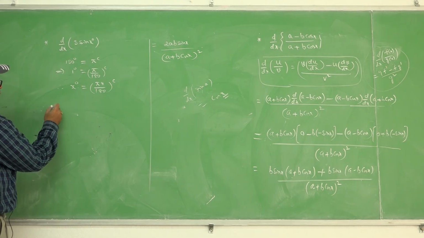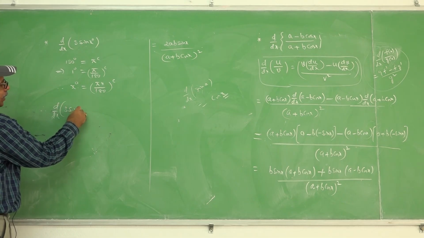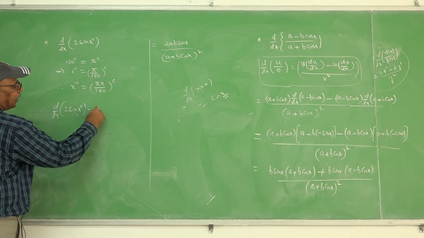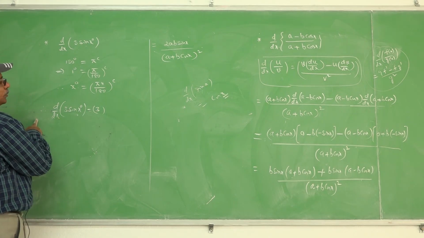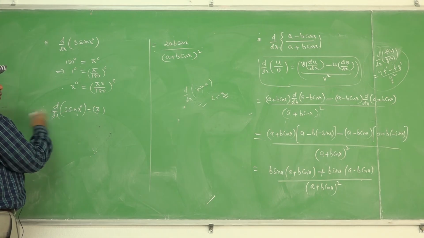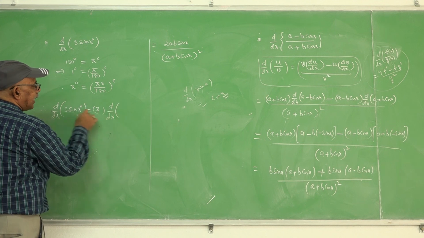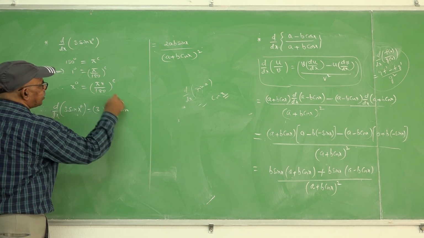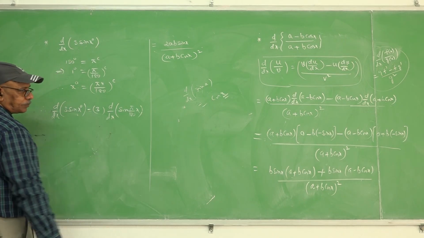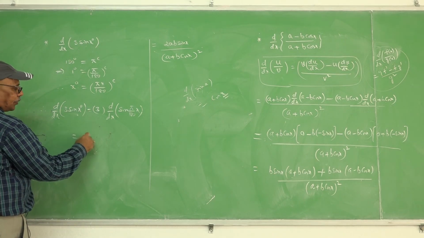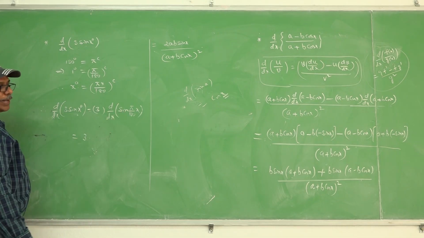Therefore, d by dx of 3 sin x degrees becomes, since 3 is a constant independent of x, you can take 3 common and apply the derivative to sin x degrees. Sin x degrees means sin of pi by 180 x radians. So, 3 into, here the angle is converted to radians.